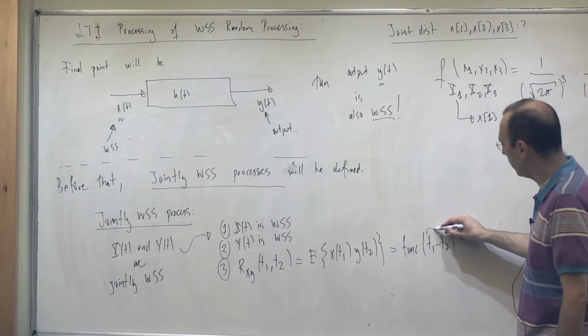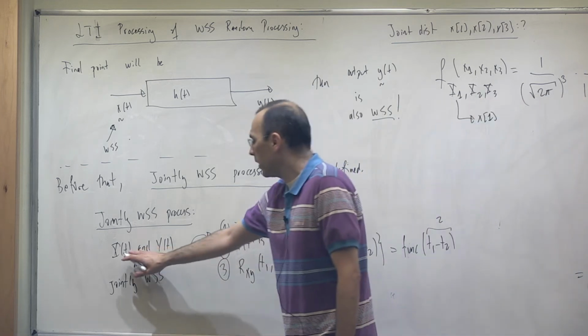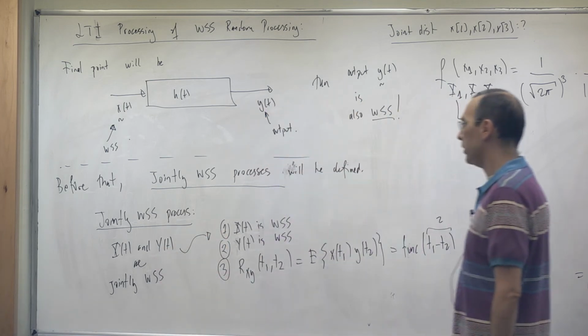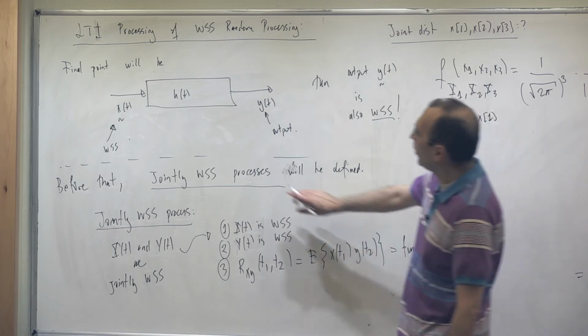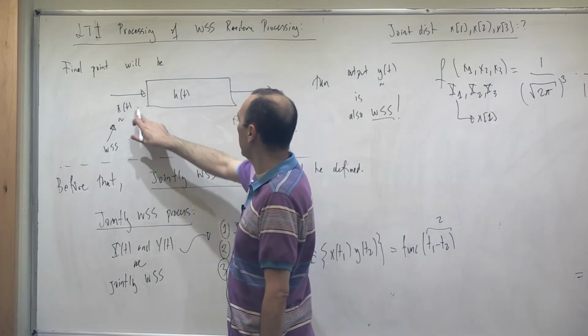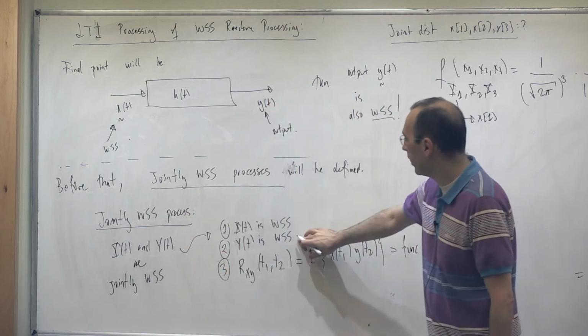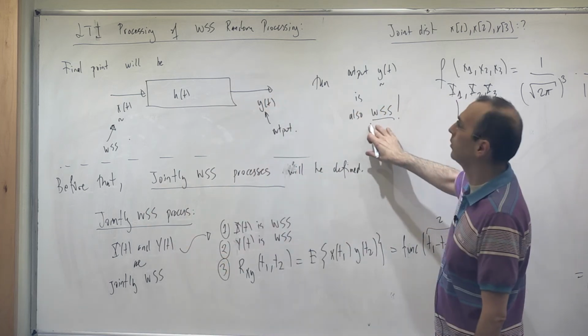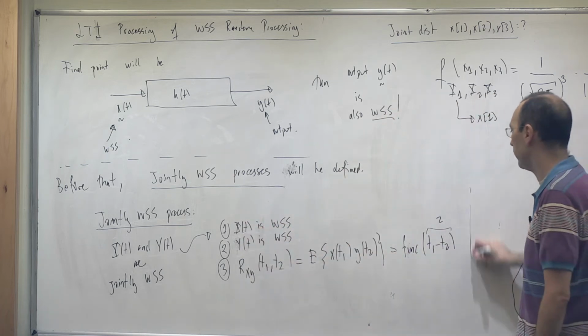Again, I will call this tau. So if x and y satisfy these three properties, they are called jointly wide-sense stationary. The reason I need this is that now I have input and output processes, x and y, and we will show that they are jointly wide-sense stationary. So y is wide-sense stationary, this is what we are trying to show, but they are also jointly wide-sense stationary. This is just a definition.